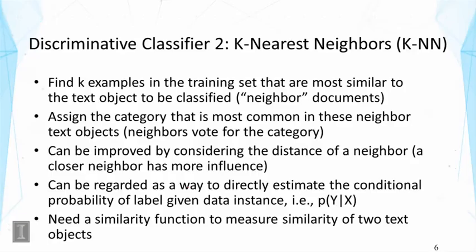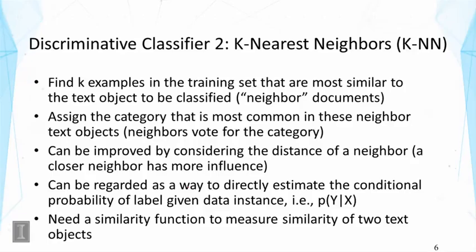But the general idea is to look at the neighborhood and then try to assess the category based on the categories of the neighbors. Intuitively, this makes a lot of sense. But mathematically, this can also be regarded as a way to directly estimate the conditional probability of label given data, that is P of y given x.